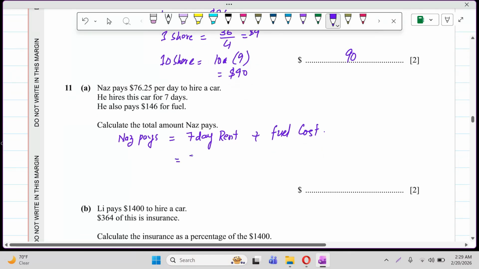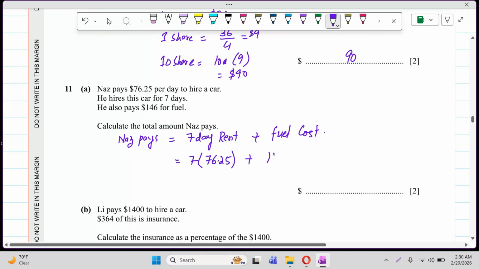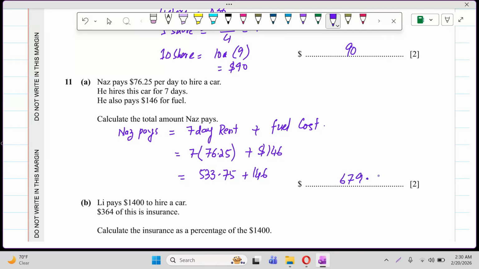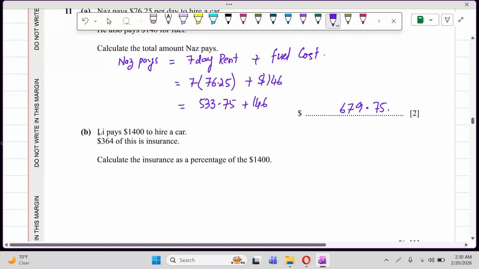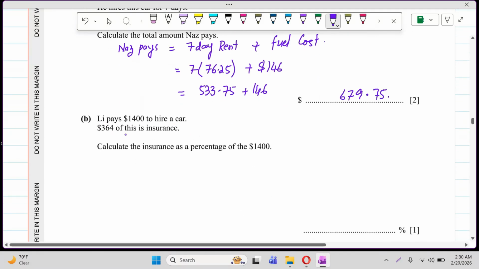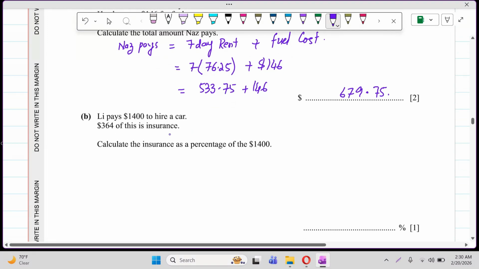So 7 days car rent is 7 times $76.25 plus the cost of fuel, which is $146. So 7 times 76.25 is equal to 533.75, plus 146. So together Nas pays 679.75.